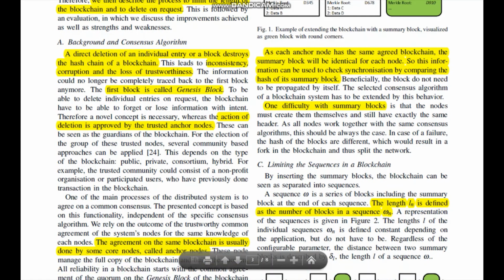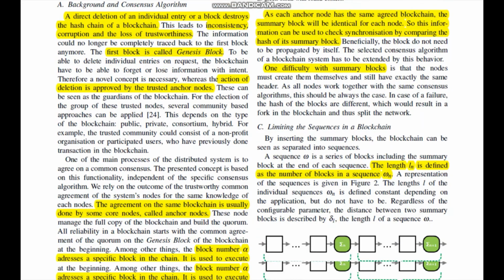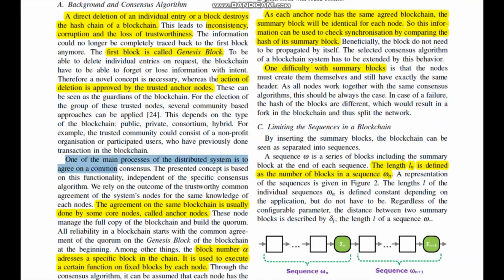One of the main processes of a distributed system is to agree on a common consensus to come to a common conclusion. The presented concept is based on this functionality, independent of a specific consensus algorithm. The agreement on the same blockchain is usually done by some core nodes that are called the anchor nodes, right? They are the anchors of the blockchain.